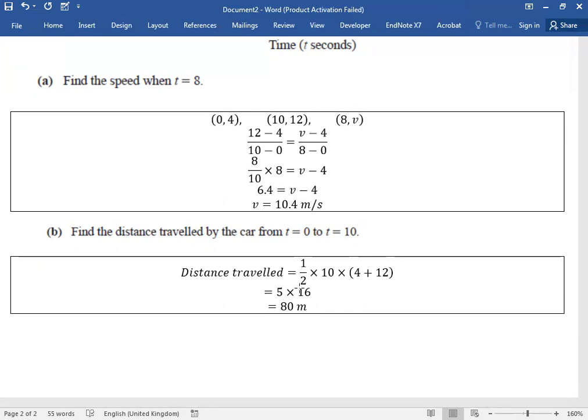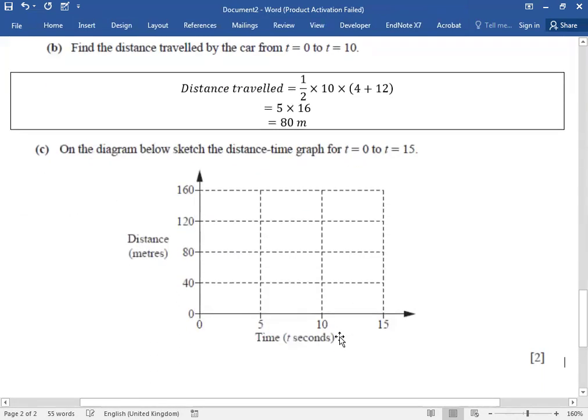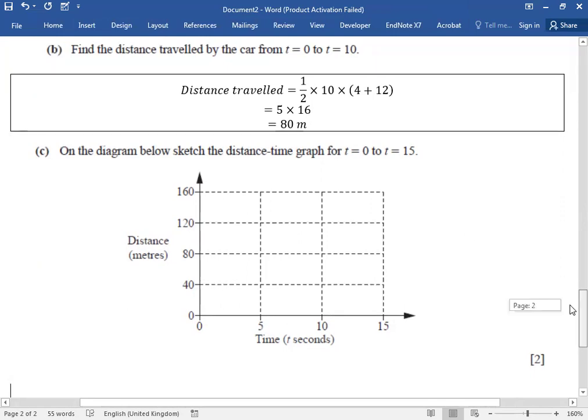Now the question wants us to, for the same graph, sketch the distance time graph from 0 to 15. Okay, first of all, the gradient of a distance time graph, what will it show us? Speed, right?